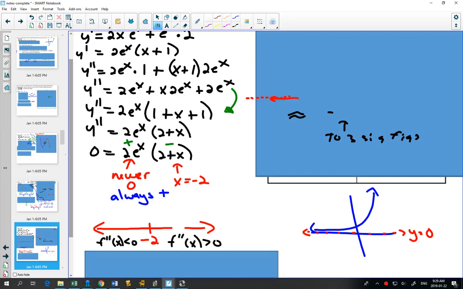Positive times a negative makes this section negative. Sad, concave down. Plugging in something bigger than -2, like 5, makes this section positive as well, telling us this section is positive. So we know that at -2, there's an inflection point.